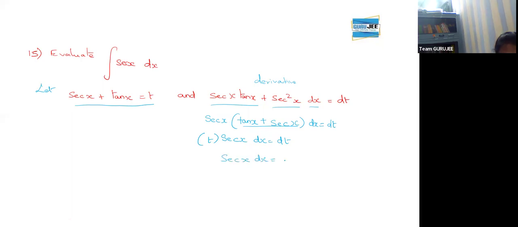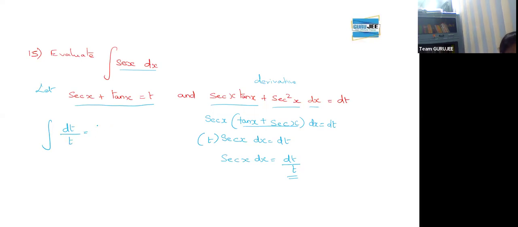Sec x dx is equal to dt by t. Fine. So here sec x dx we have simplified by assuming t and dt. Now sec x dx is equal to dt by t.